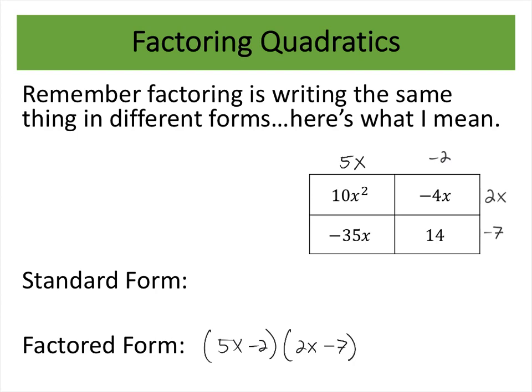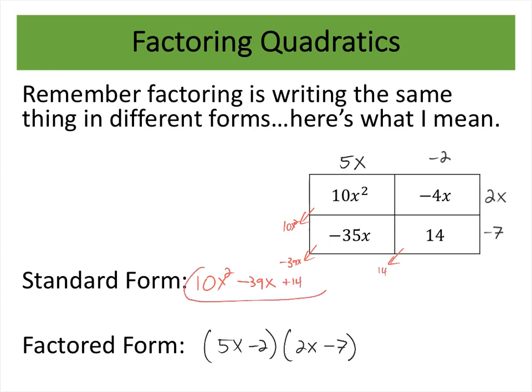And the standard form is just the result of multiplication. And so we can pull out like terms. So we've got 10x squared, and we've got -4x and -35x, that's -39x, and 14 comes out, so and 14.